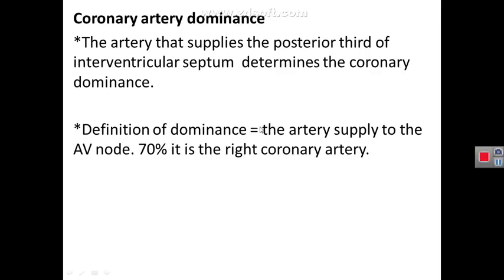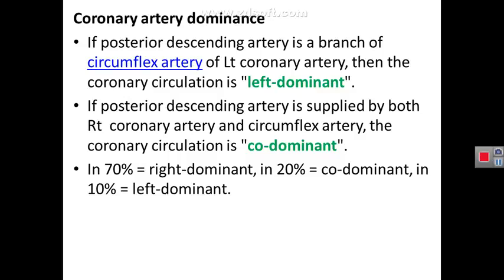As we said before, in 70% of the population, the posterior one-third of the interventricular septum is supplied from the right coronary artery, and the remaining percent includes 20% of the population, where the posterior one-third is supplied by both right and left coronary arteries, and in 10% it is supplied from the circumflex coronary artery, and in that case it's called left dominance.